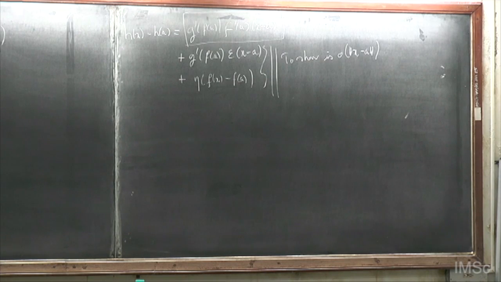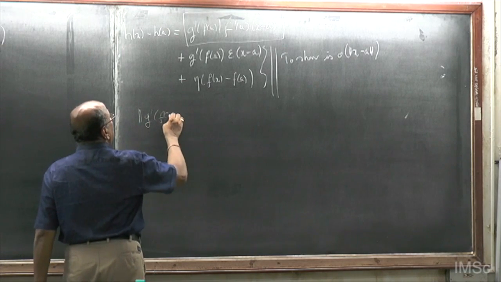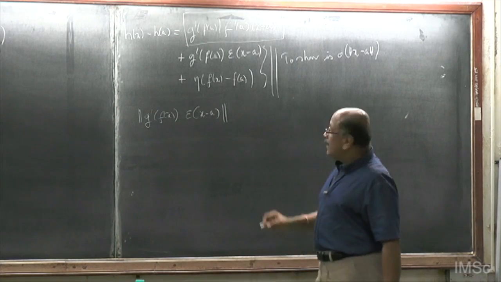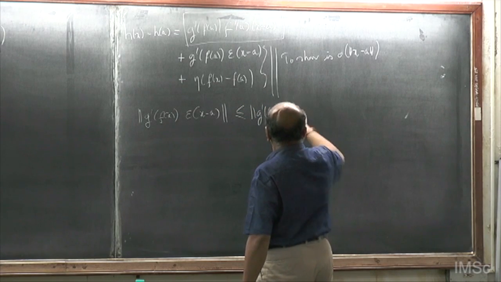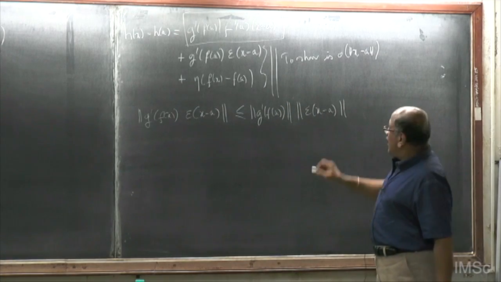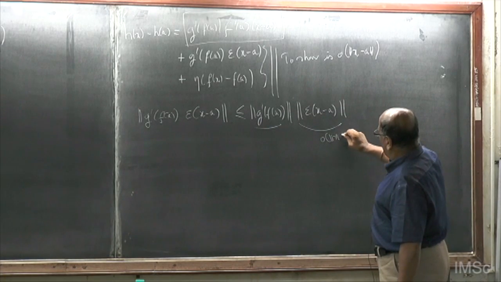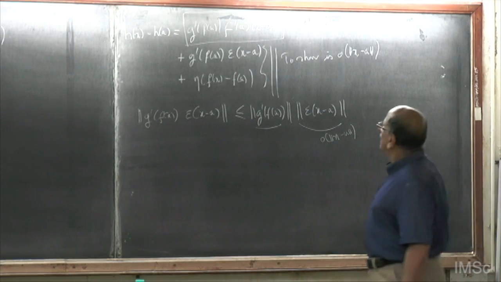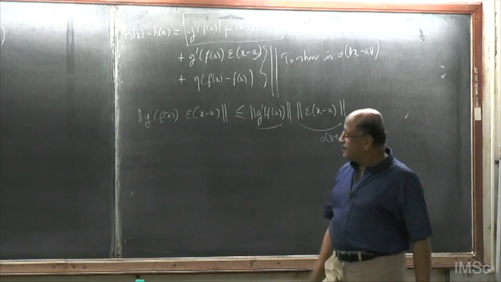Okay. The first one is easy. So, norm of g dash f of a epsilon of x minus a is less than or equal to norm g dash f of a times norm of epsilon of x minus a, and this is a constant, and this I already know is little o of norm x minus a. So, that is finished. So, I only have to look at this one.